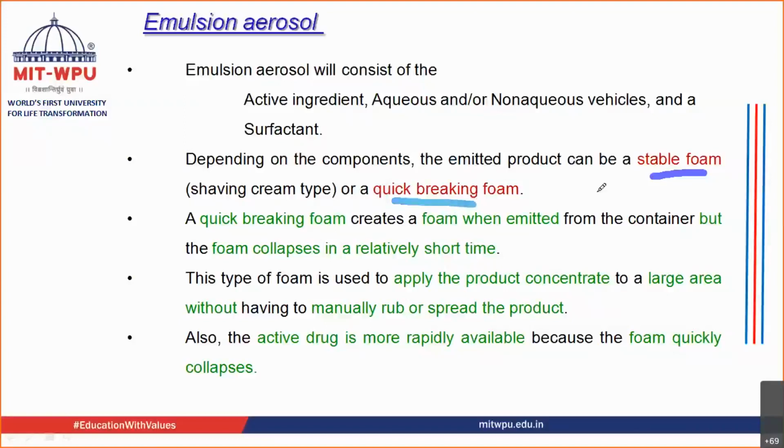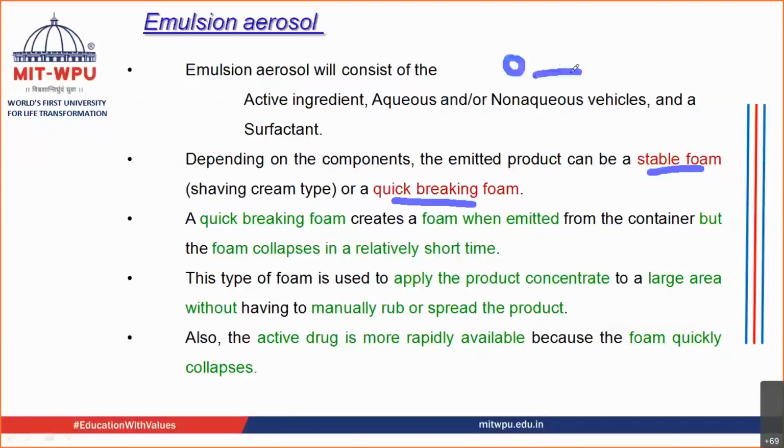A stable foam occupies a small area, and it remains over there for a considerable amount of time. Whereas a quick breaking foam is created as a foam when it is emitted. So initially when you spray it, it is a foam, and as soon as the foam reaches the surface, it breaks.